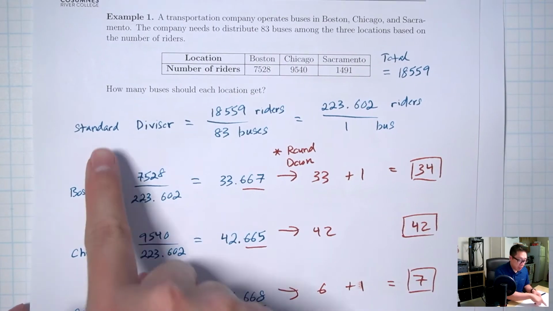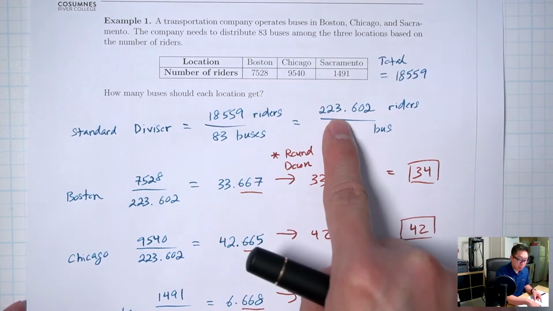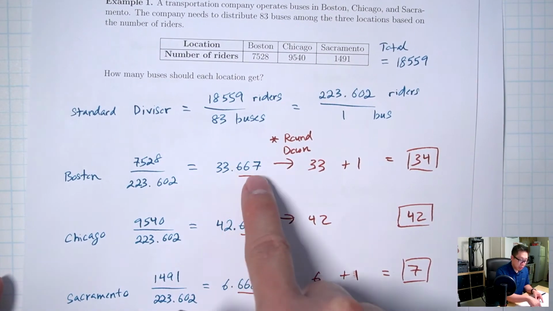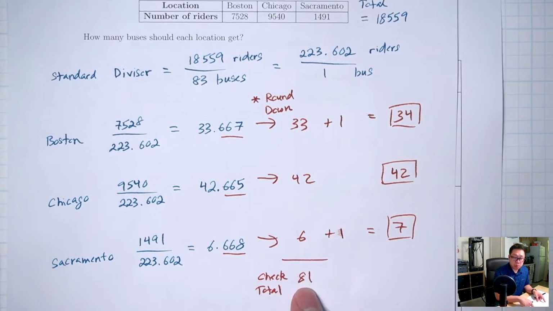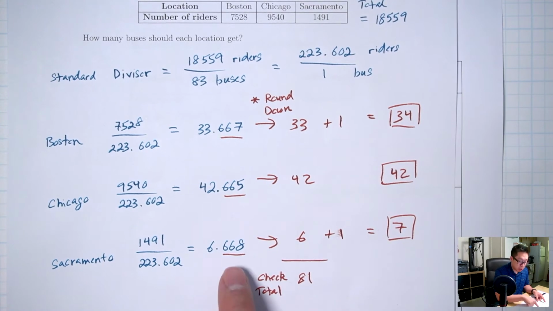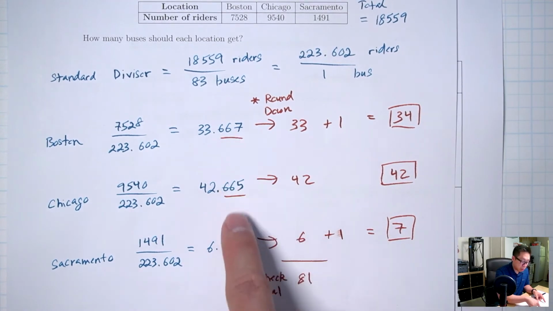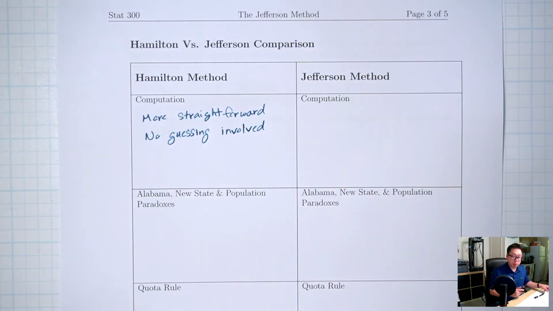You start off by finding the standard divisor. You use it to divide each of the populations by. You'll get decimal answers, which you round down. You check the total. If the total is correct, you're done. If you have extras, you give the extras based on the highest decimal part, right? Whoever has the highest decimal part will get the extras. So that's the Hamilton method.